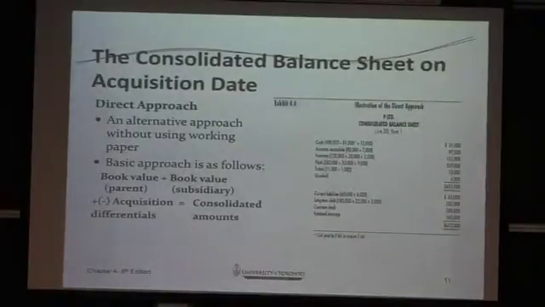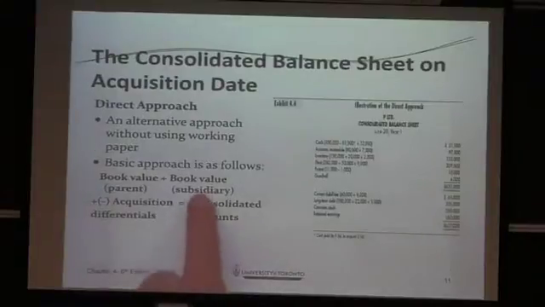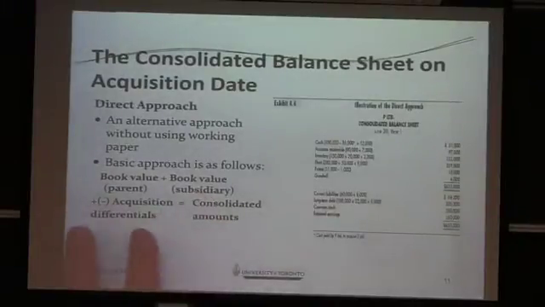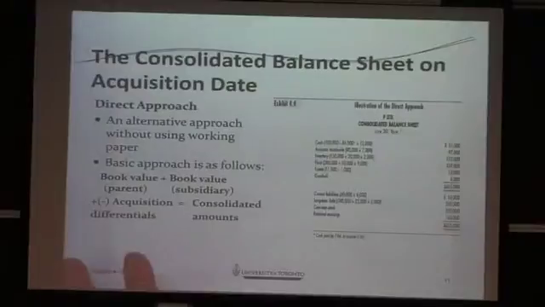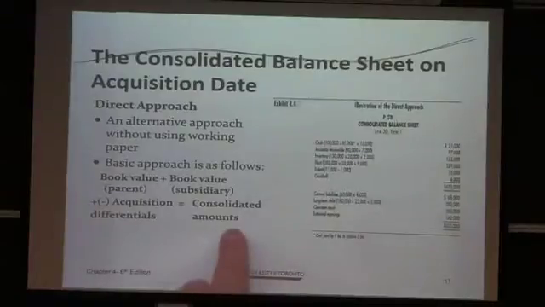We're going to change this up a little bit, which is different from the other questions we've done. We're going to add the book value of the sub and any fair value differences, or incremental differences of fair value and book value, and highlight that separately to give us our consolidated amount.